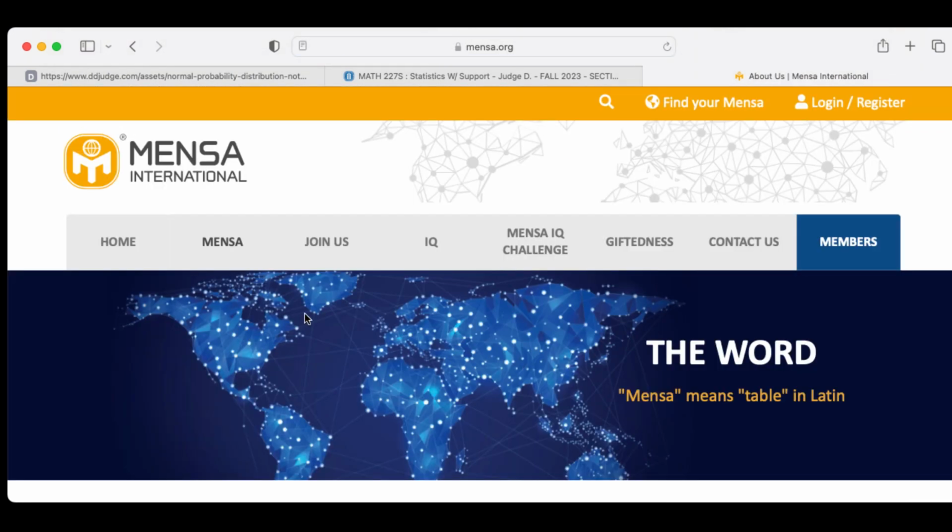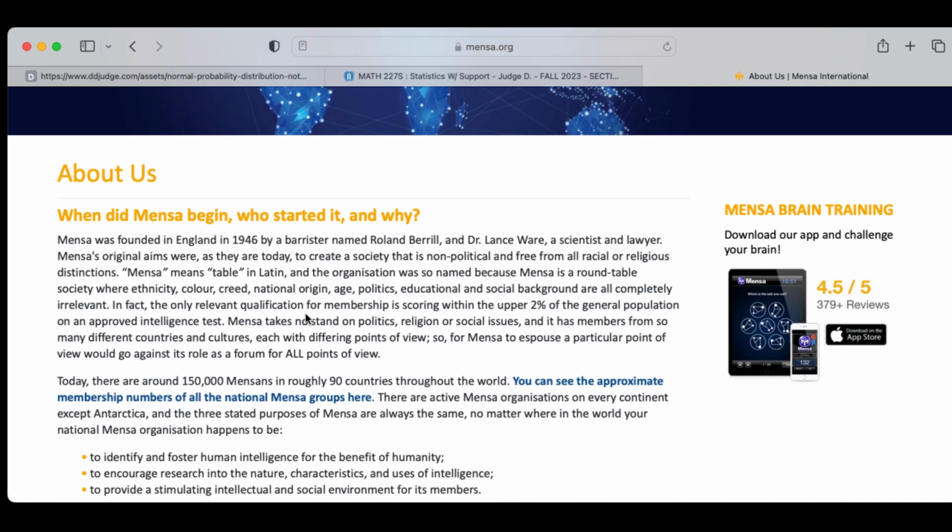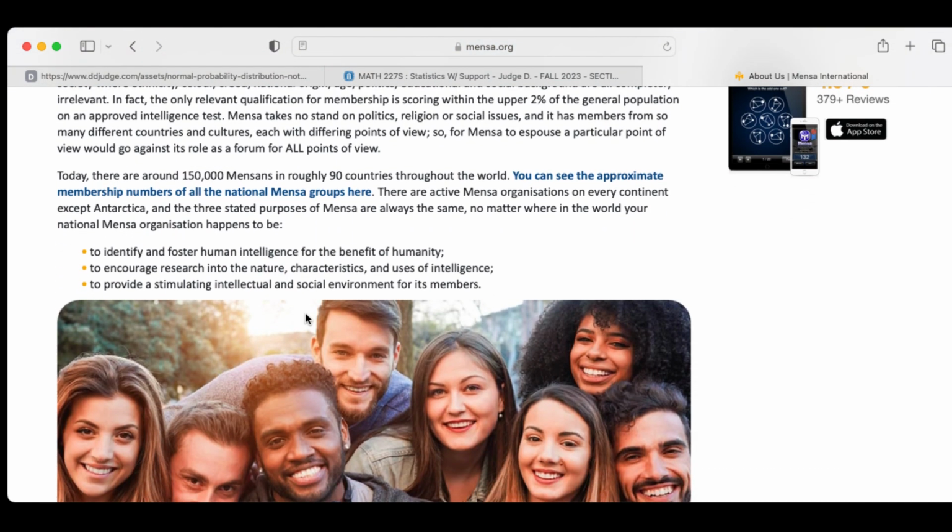This is Mensa. When did Mensa begin? Who started it and why, right? What do they want to do? There's a lot of Mensa people in 90 countries to identify and foster human intelligence for the benefit of humanity. So they're going to use their brain power for the benefit of who? Humanity. These are super smart people.